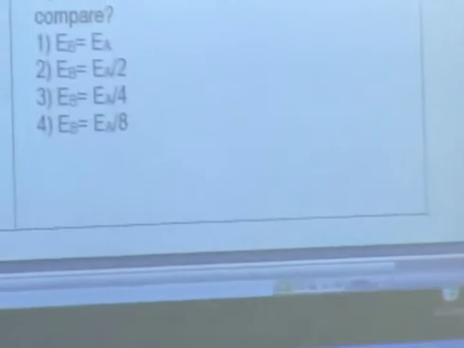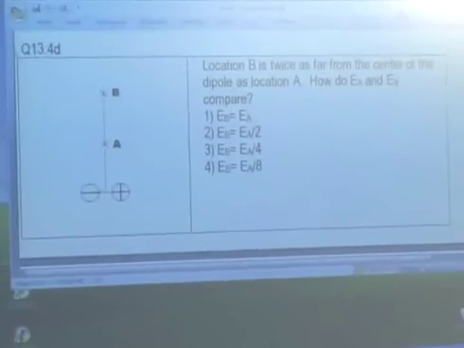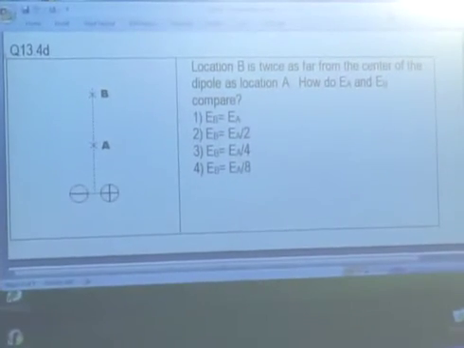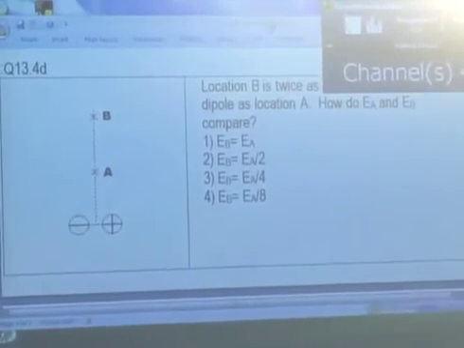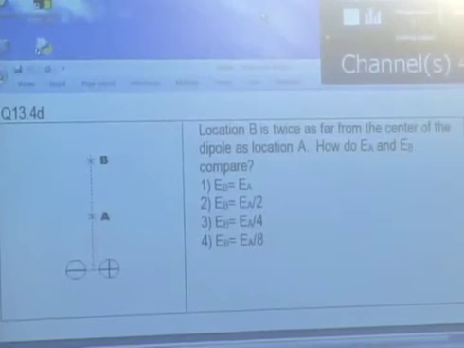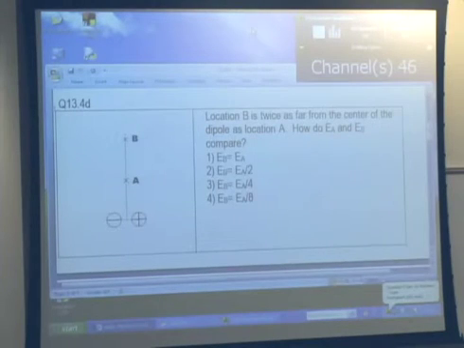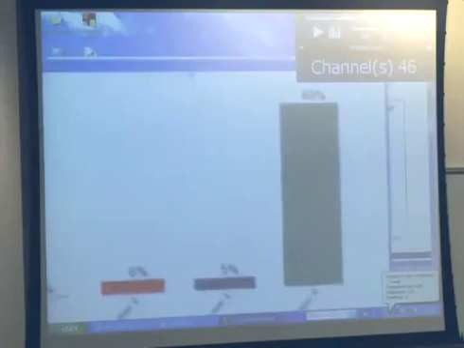Location B is twice as far from the center of the dipole as location A. How do E and B compare? We just talked about this, but let's do it anyway. And again, we're assuming that the distances are far away compared to the separation size, which may not be obvious from the picture. It's got to be answer number 4, right?